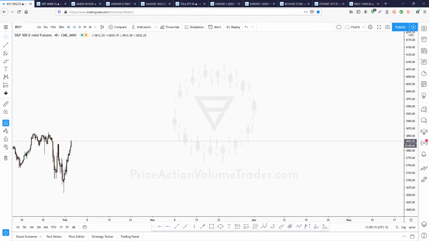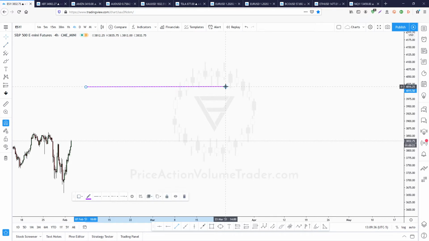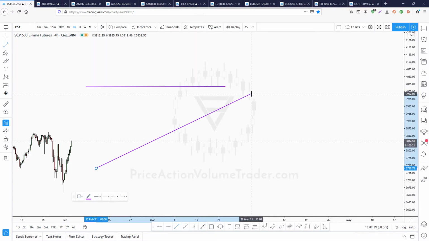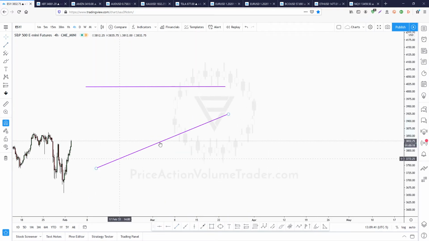Well, one thing we can agree on for anyone that studies technical analysis is the immense importance of support and resistance levels, specifically horizontal ones, because we can have horizontal support and resistance, and then we can have trend lines, which can be considered a form of diagonal support and resistance.